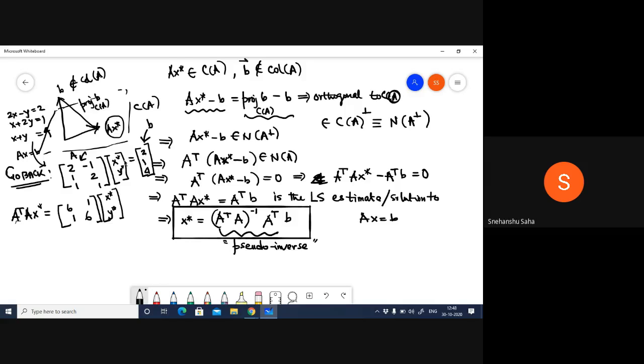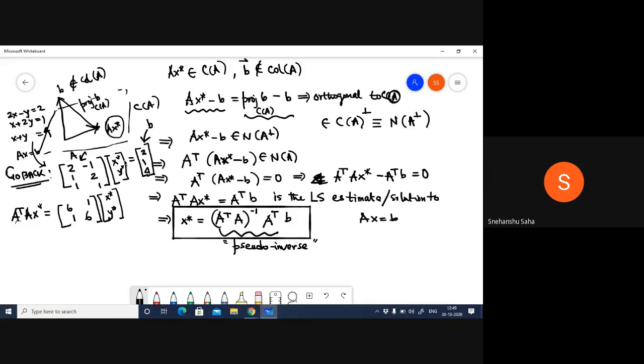And that is equal to A transpose B, right? So you have your B matrix, which is 2, 1, 4, and then you have your A transpose matrix.